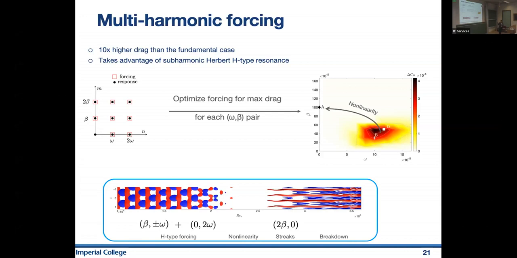The only difference here is that the oblique waves resonate with the TS waves with a typical H-type mechanism to get a maximum amplification of the oblique waves and subsequently of the streaks and the breakdown.